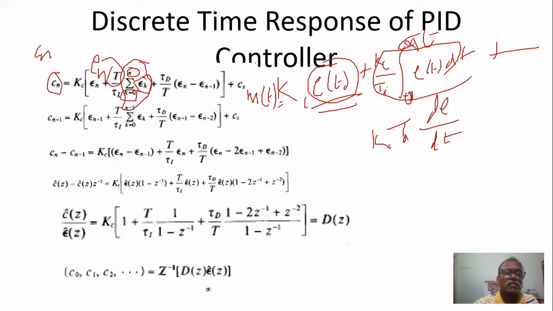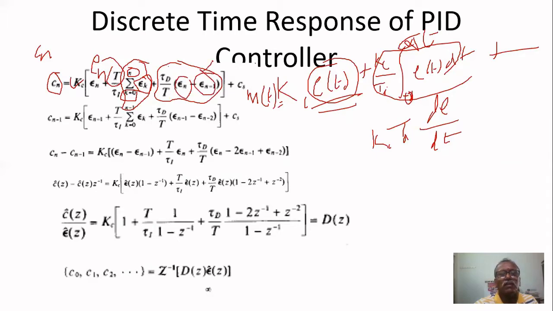So T by Ti, here Kc is taken common outside. That's why T by Ti sigma this. For the discrete derivative controller, this is Td by T, E of n minus E of n minus 1.